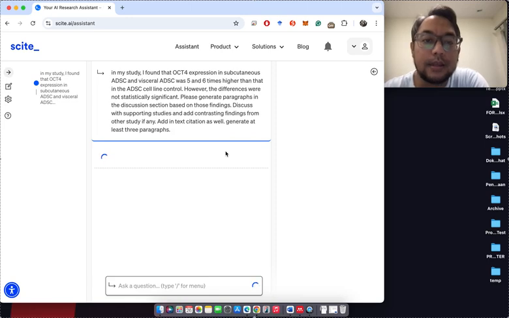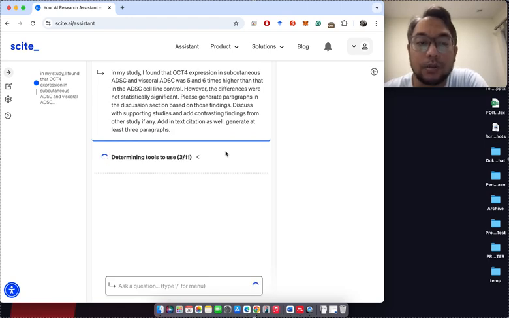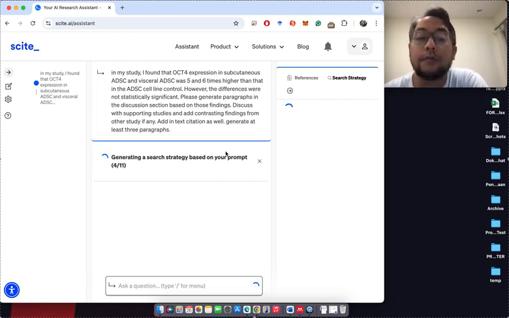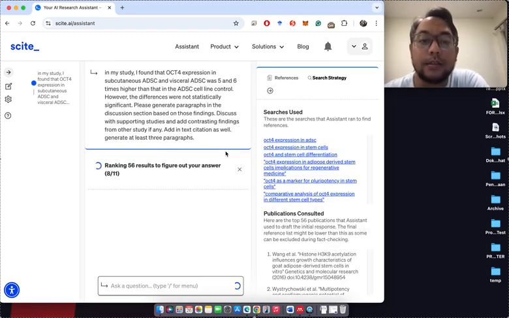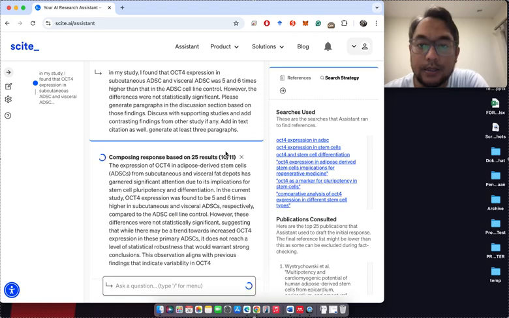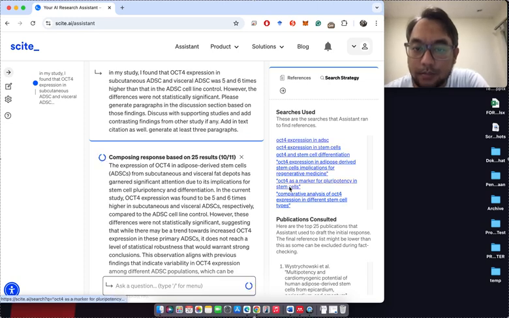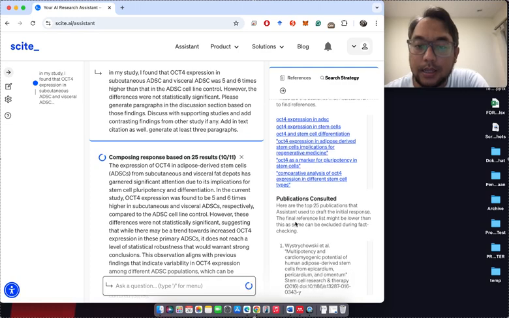The process takes quite long because the AI has to cross-reference between all the articles that they have in their database. This is only for research studies, so no Google, no websites, only what is in their database. This is the search strategy used by the AI: optimal expression in ADAC, comparative analysis, and so on.